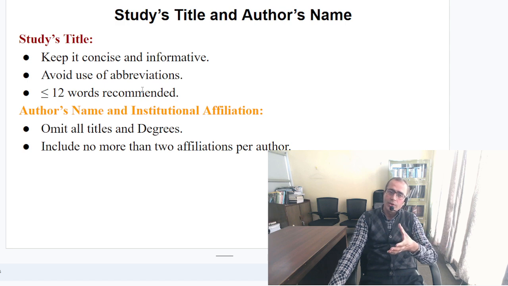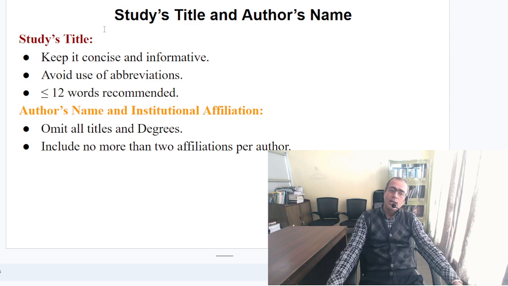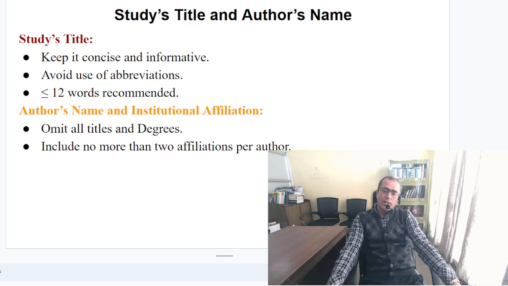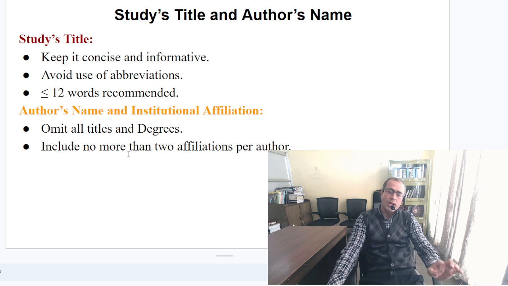For this you could review good study titles in the area of your study, so that you could better understand how to mention your study title. Now the next one is your author's name. Always good to just mention your name. No need to mention your title or degrees like your PhD, DLA, MBBS, MD, engineering, or other courses.